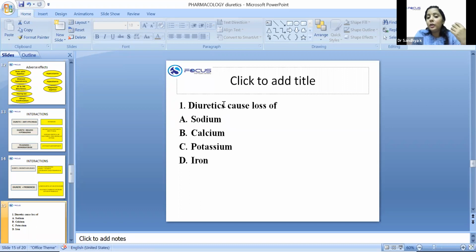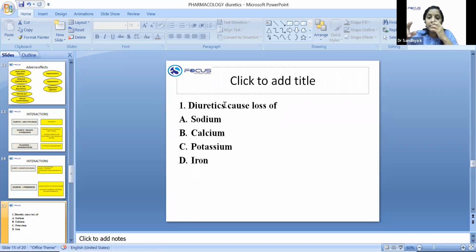Diuretic is actually removing excess sodium and water from the body, not the normal sodium and water. Body always tries to restore the normal sodium and water to a certain extent. That is why we have seen, like we have given diuretic at the thick ascending limb of loop of Henle, a sodium chloride reabsorption inhibitor. So when the fluid reaches distal tubule and collecting duct, body somehow tries to maintain the homeostatic mechanism.